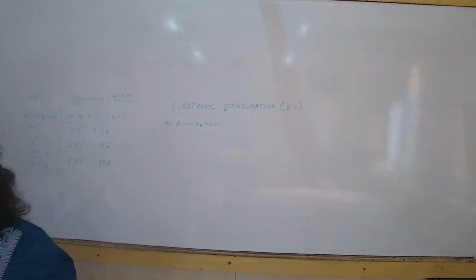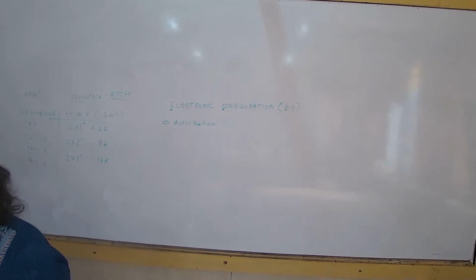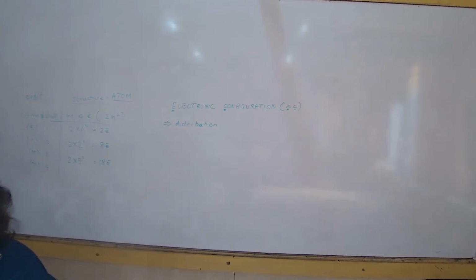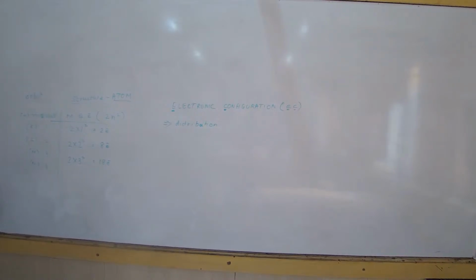The following rules are followed for writing the number of electrons in different energy levels or shells. First, the maximum number of electrons present in a shell is given by a formula. Put a tick mark here or underline that.